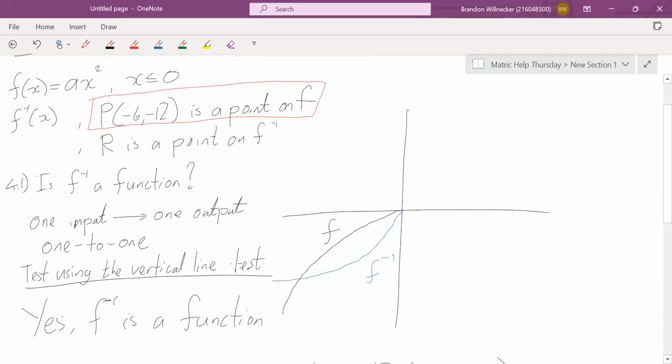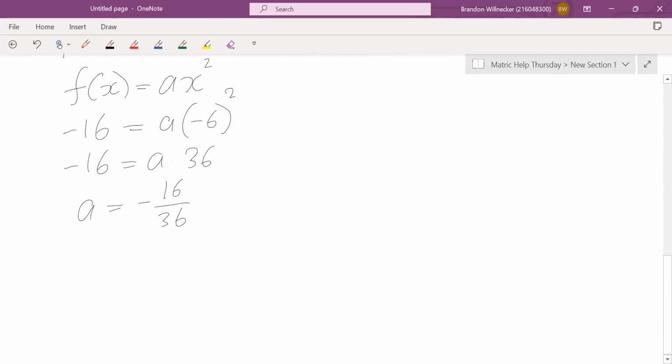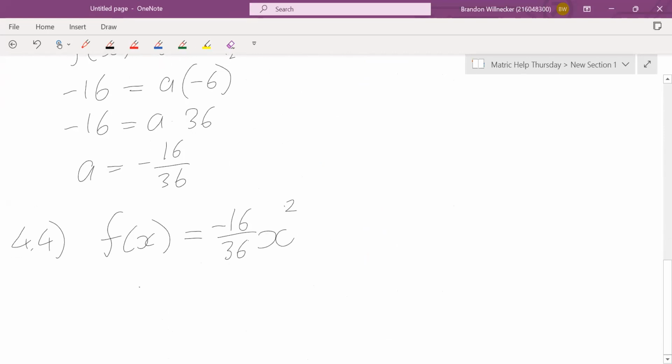Okay, final question for today. Write down the equation of f inverse. Okay, so let's do that. So we know f of x is equal to minus 16 over 36 x squared. We want to find f inverse, so we let y be equal to this.